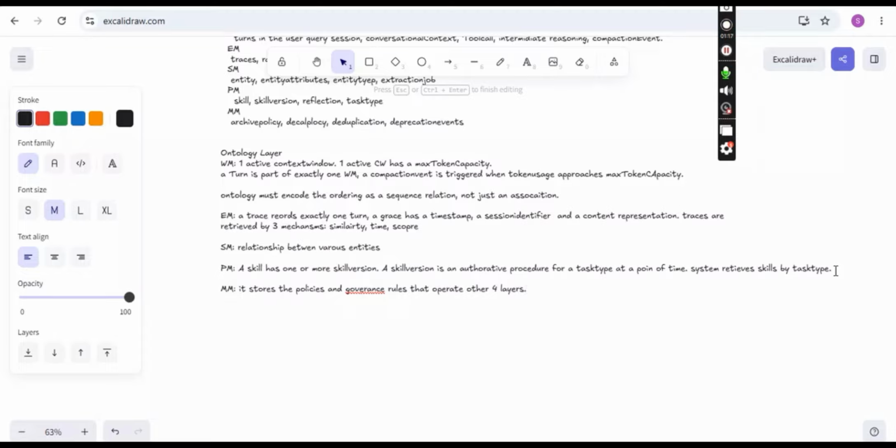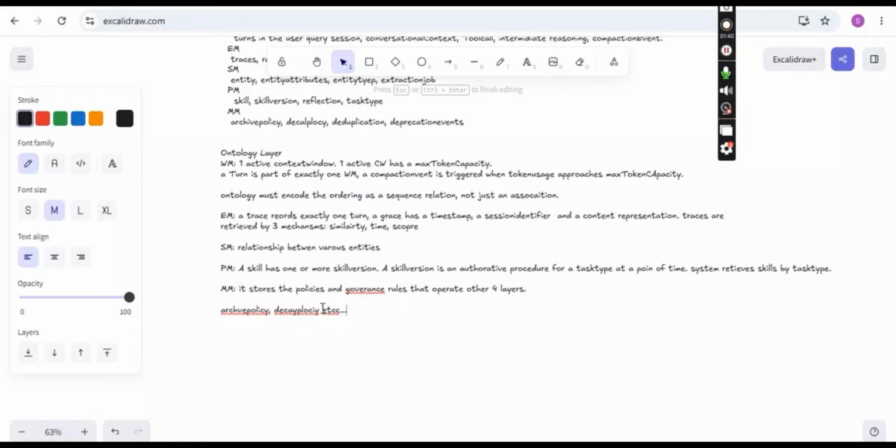What are the different classes? It will be like archive policy, decay policy, deduplication, deprecation, compression strategy, threshold trigger, right?